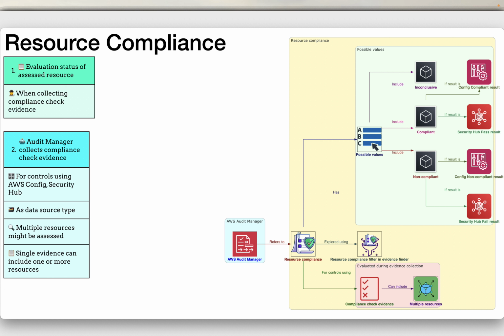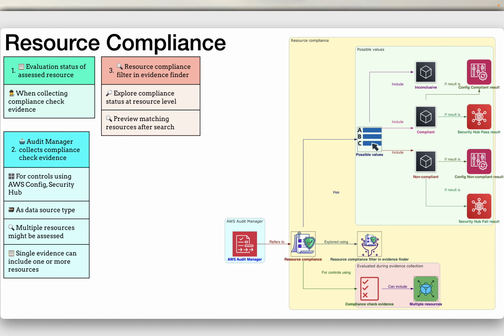As a result, a single piece of compliance check evidence can include one or more resources. You can use the resource compliance filter in evidence filter to explore compliance status at the resource level. After your search is complete, you can then preview the resources that match your search query.